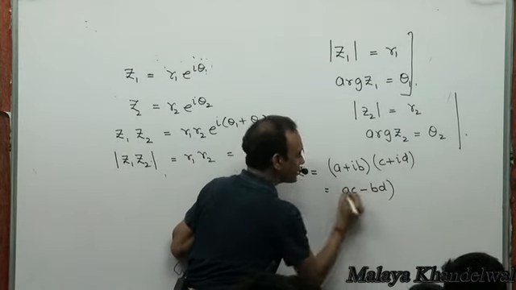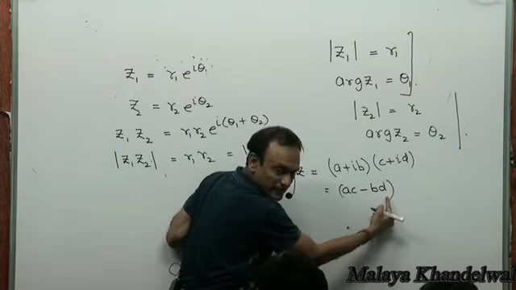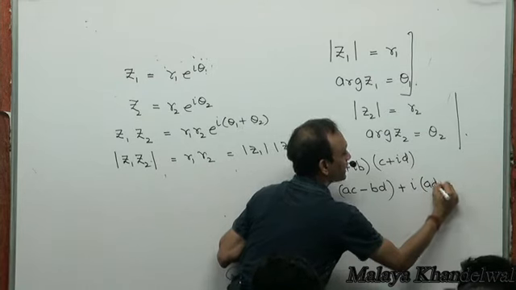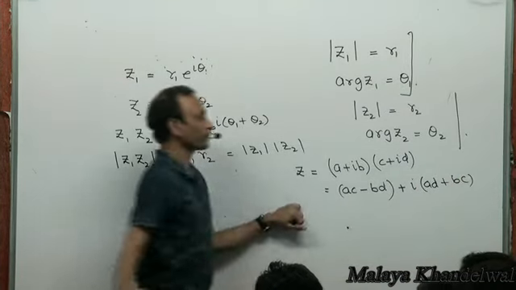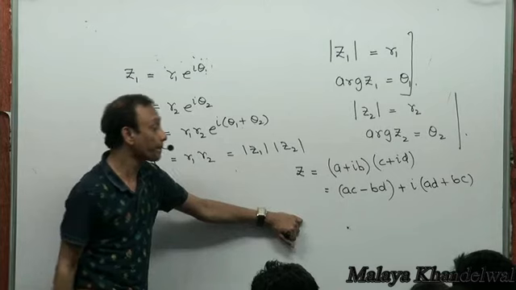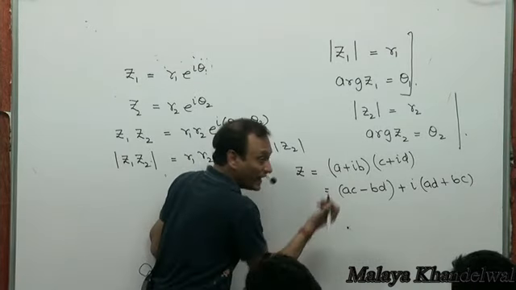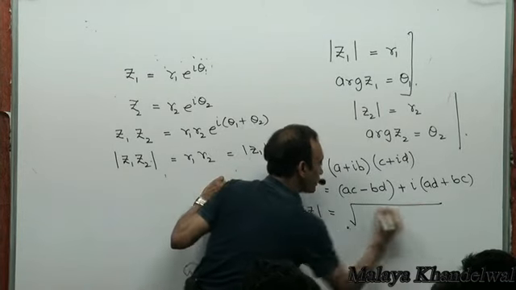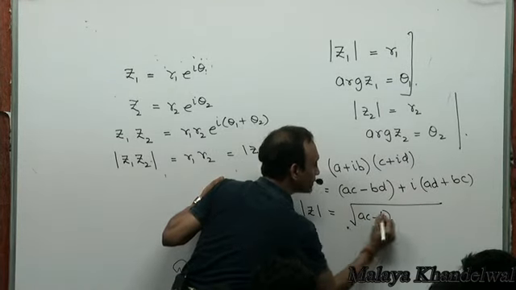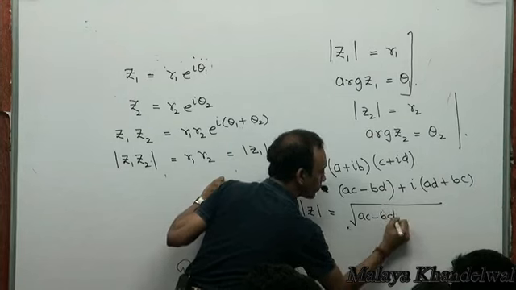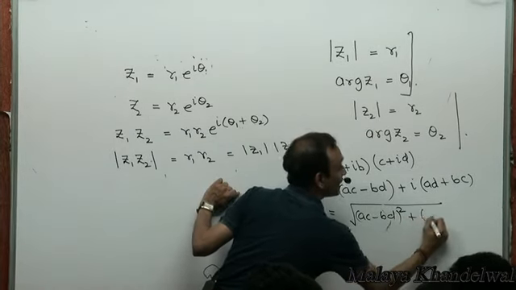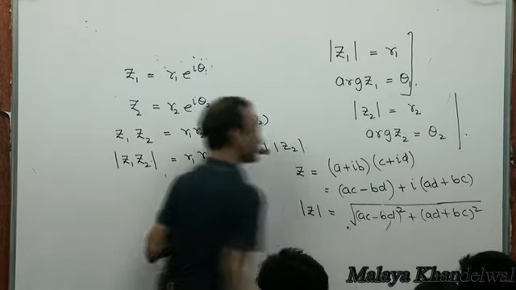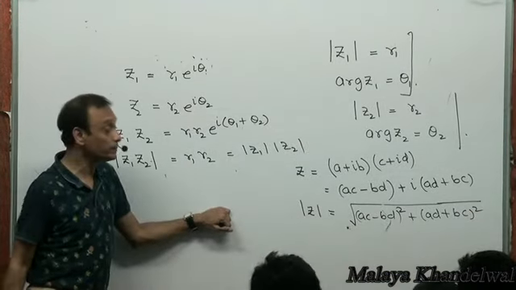I hope you realize what I've done here. ib into id is minus bd, right? Plus i into ad plus bc, right? And then I could have said modulus of z is root of ac minus bd whole squared plus ad plus bc whole squared. Yes or no? That's mod z, right?